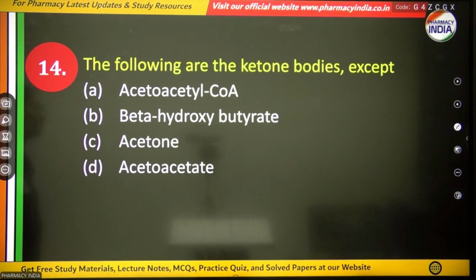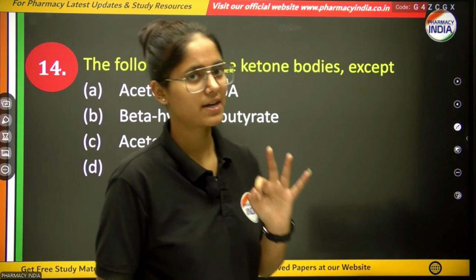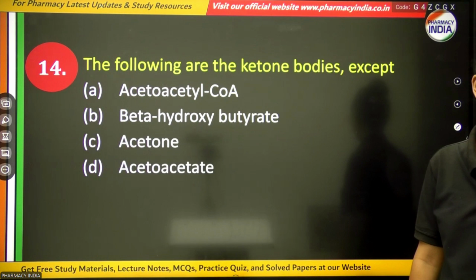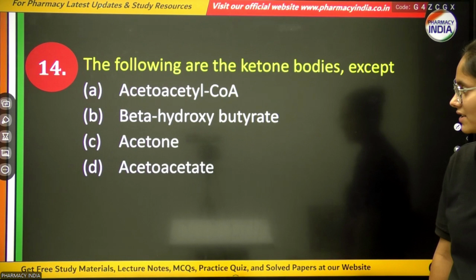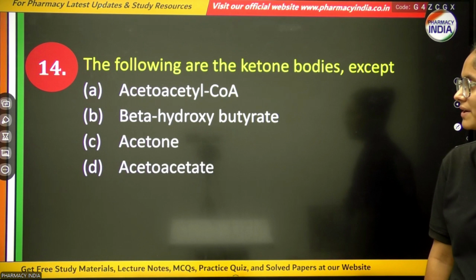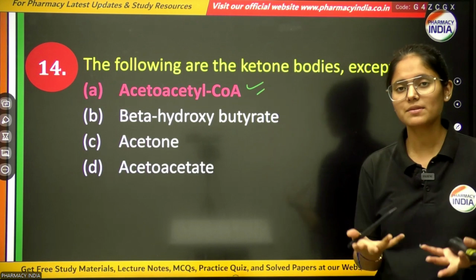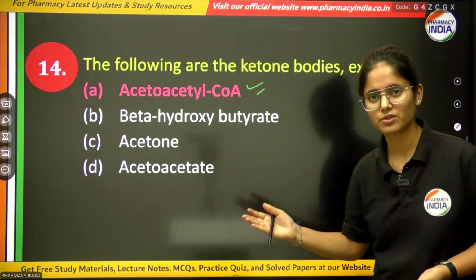The following are the ketone bodies except acetoacetyl coenzyme A, beta hydroxybutyrate, acetone or acetoacetate. Basically, our body contains three ketone bodies which form in the liver with the help of ketogenesis, as I said before. So the correct option will be acetoacetyl coenzyme A, which acts as an intermediate molecule in the process of ketogenesis.